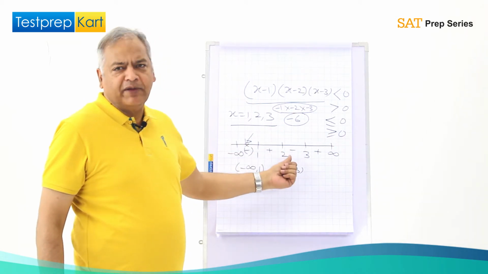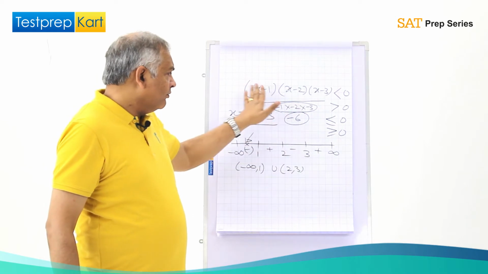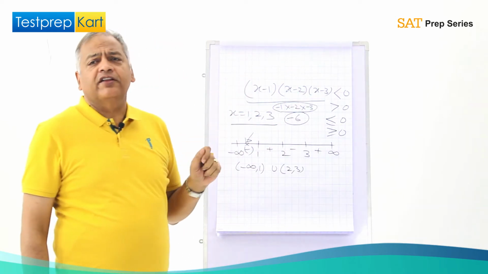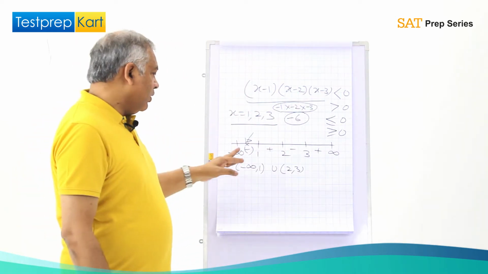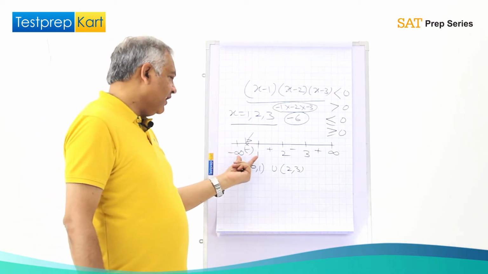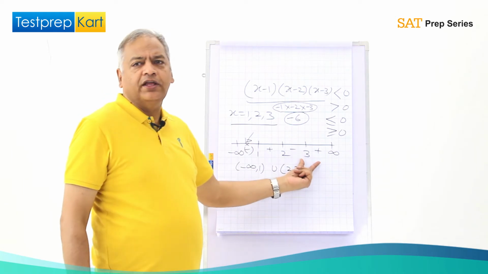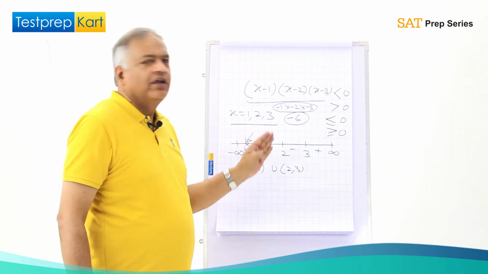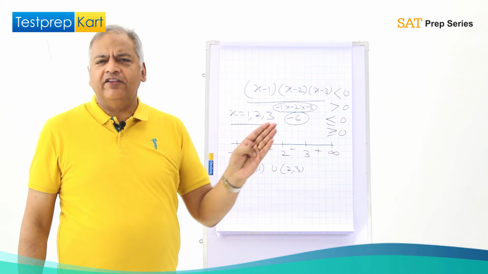That's alternate plus and minus, as I am taking all these factors as linear factors only. Now, suppose you have less than 0, then my answer will be negative infinity to 1, union 2 to 3, because these are the two intervals where the value of the expression on the left hand side is negative.